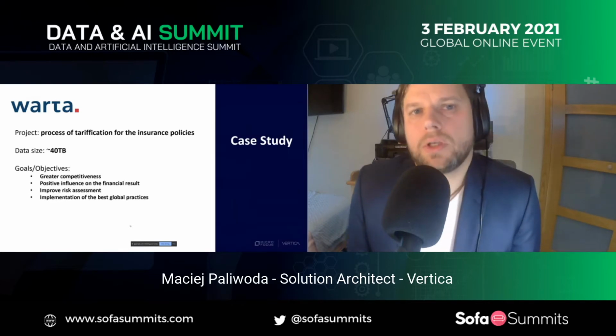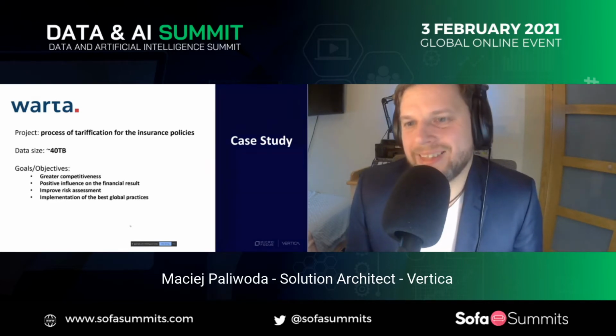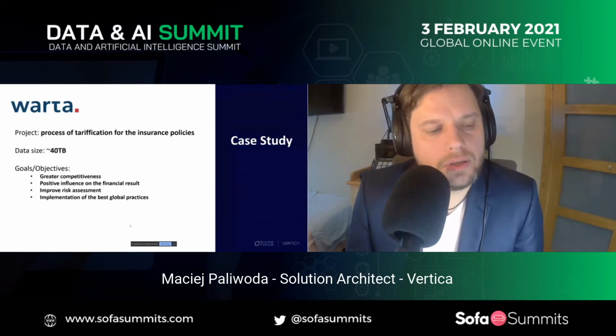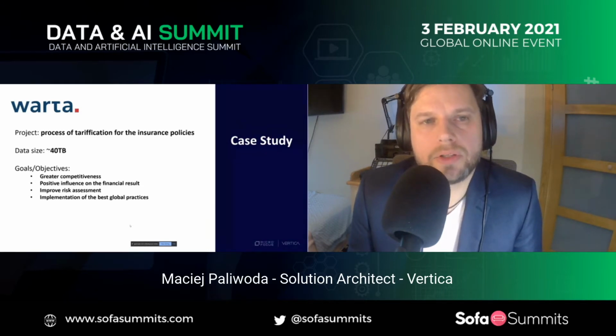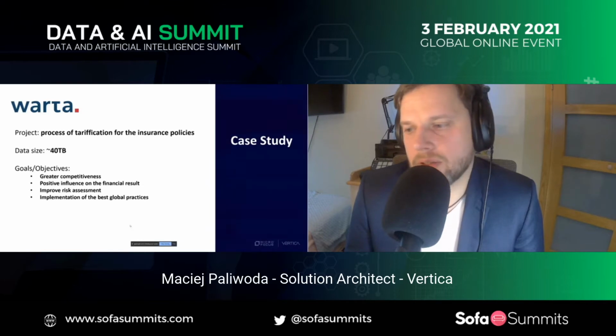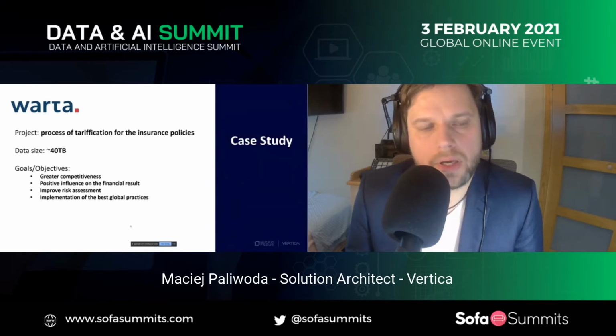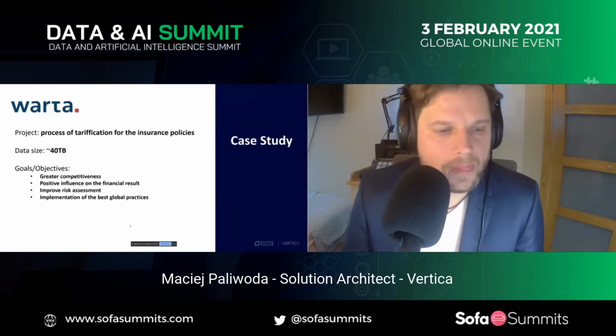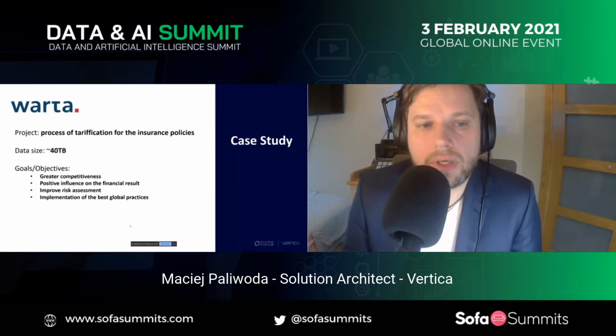And what were the goals and objectives for the project? Why did they start? First of all, they wanted to increase the competitiveness of the company on the market, and at the same time implement many best practices related to the tarification process. One of those best practices was using data science or machine learning to support the whole process.